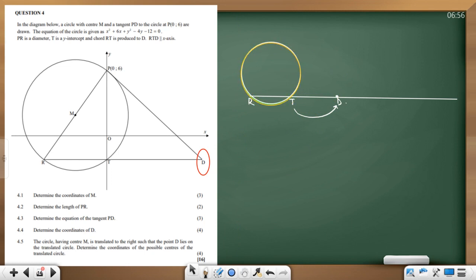I have this yellow circle, right? And that's point D. Whichever one I'm moving, point T is now moving so that it stays where D is.